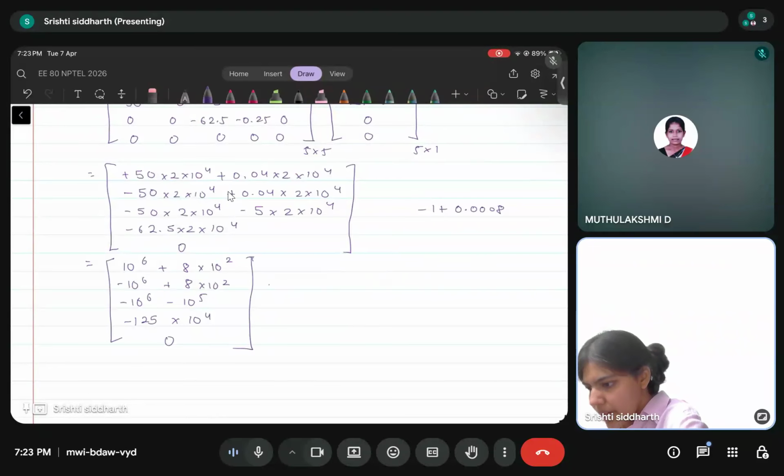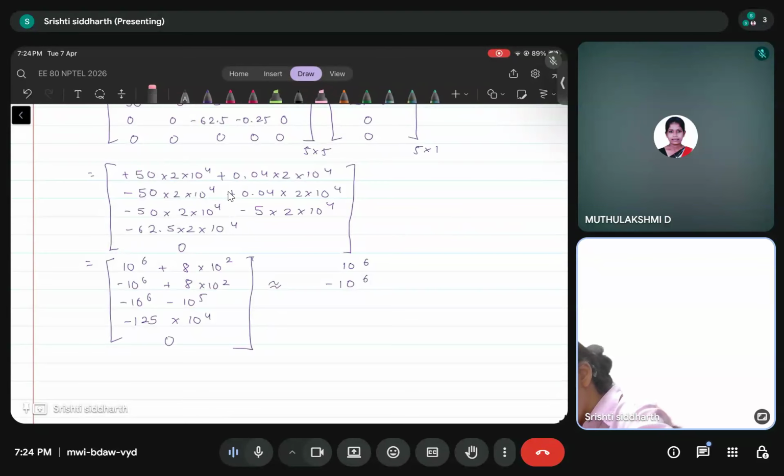It is approximately equal to 10 to the power 6, minus 10 to the power 6. Then we can add these two quantities, right? 10 to the power 6 and 5 are comparable. So this is minus 1.1, 10 to the power 6. This is a big quantity, so 125 into 10 to the power 4 and 0.